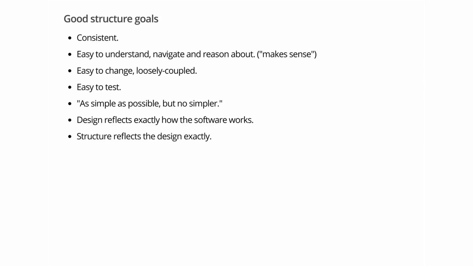And then the design, ideally, the design of your app should reflect how it works, right? That's kind of the general guidance. And then I think that the structure should also reflect the design exactly. So if your structure reflects your design, and the design reflects how the software actually works, then your structure reflects how the software works, which makes it all easier to understand.